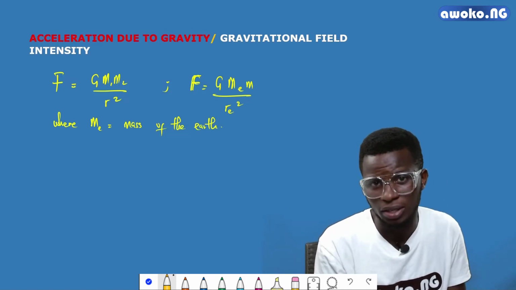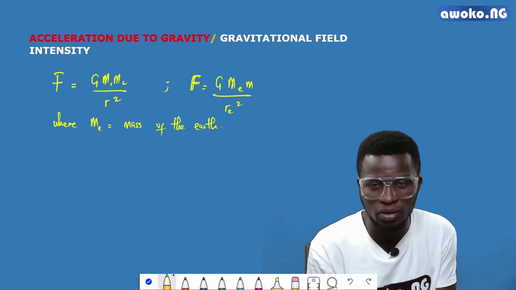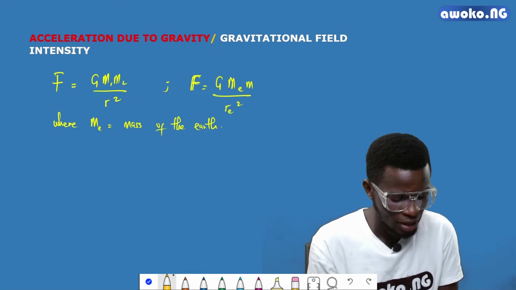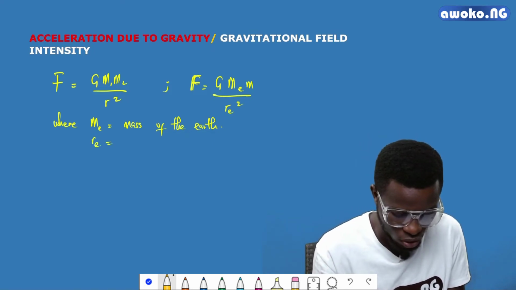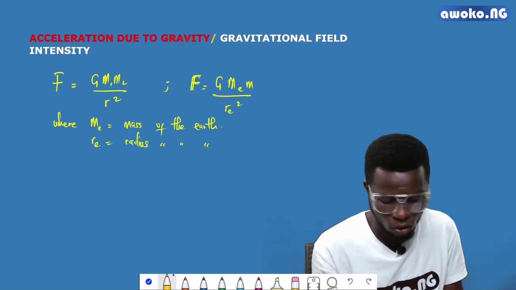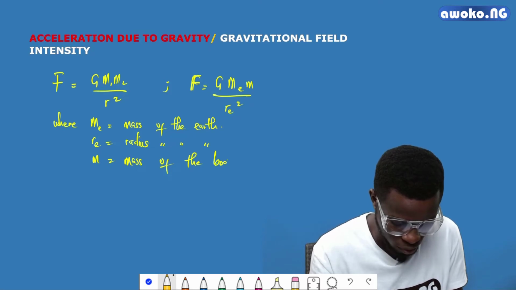When we talk about gravity, it is the force that pulls an object towards the center of the earth. So earth is involved. So we're going to consider the mass of the earth in this case and the radius of the earth. So Re is equal to the radius of the earth, and m is the mass of the body.